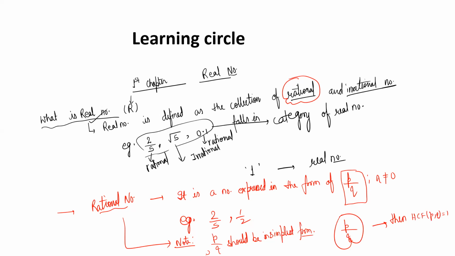So from here, I can also say that if HCF of p comma q is equal to 1, then p and q are co-prime numbers. So what is a co-prime number?